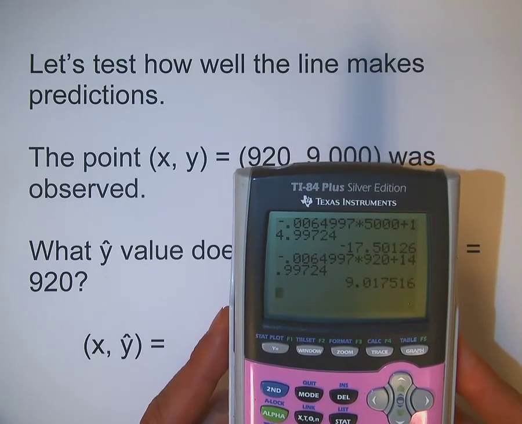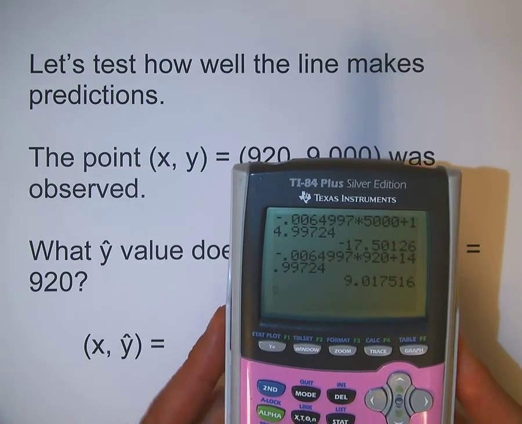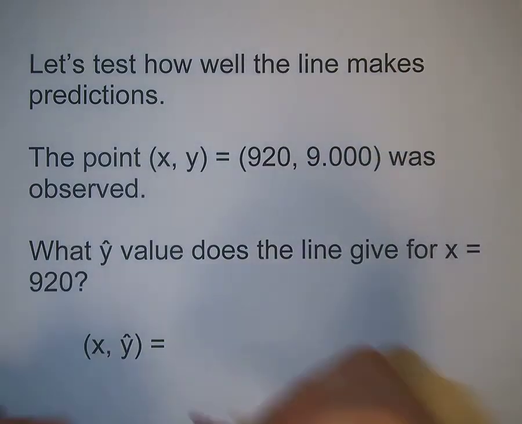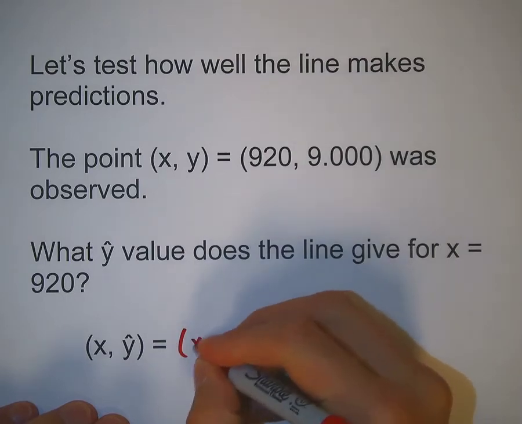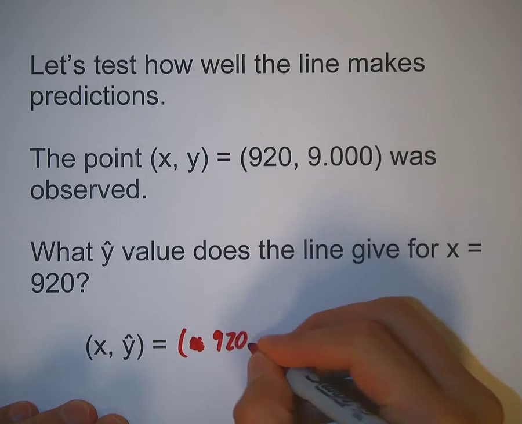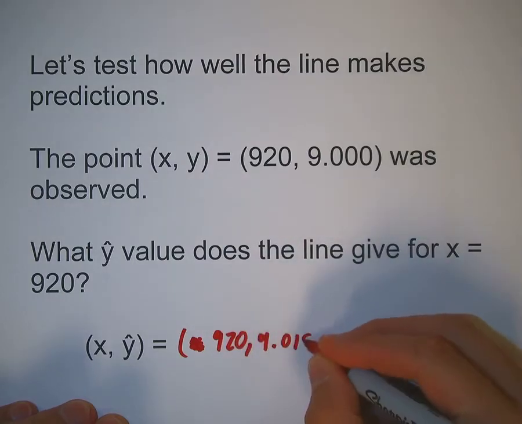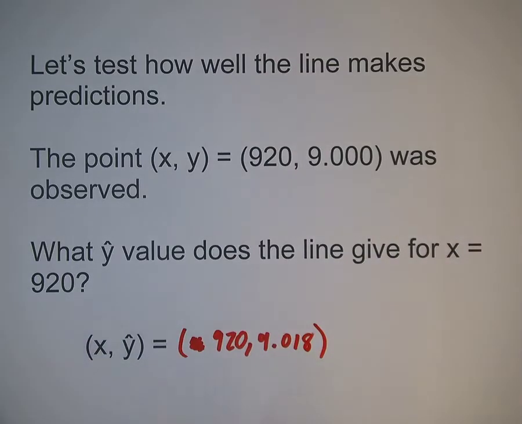Hit enter, and it gives me about 9.018 if I round it. So my predicted point is 920, comma 9.018.